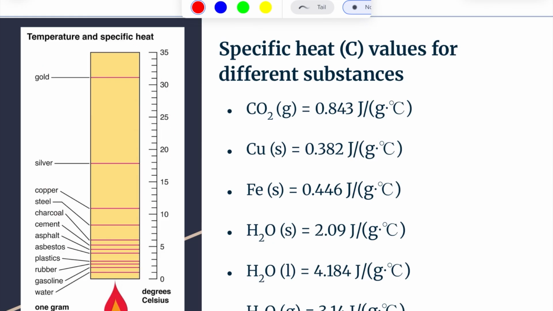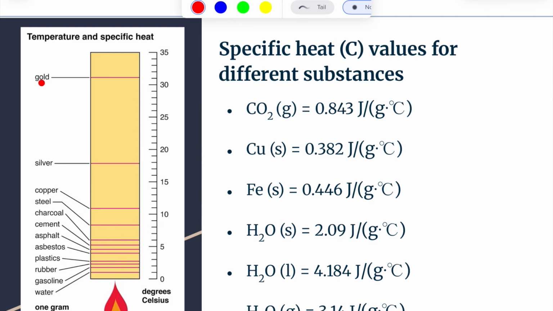So if we are going to add 1 calorie of energy, and we're trying to change the temperature of 1 gram of material, well, that 1 calorie is going to increase water's temperature by approximately 1 degree Celsius, where something like steel, with that 1 calorie, 1 gram of steel is able to change its temperature 8 degrees Celsius.